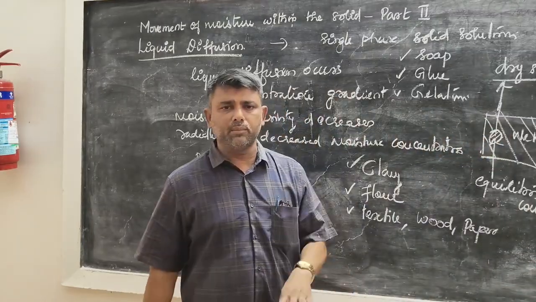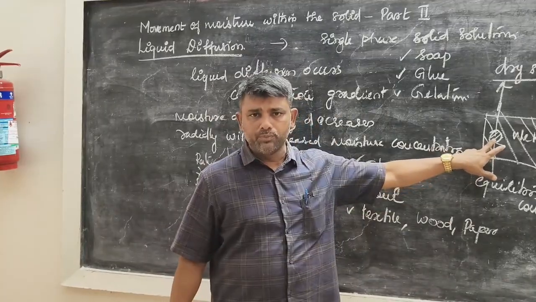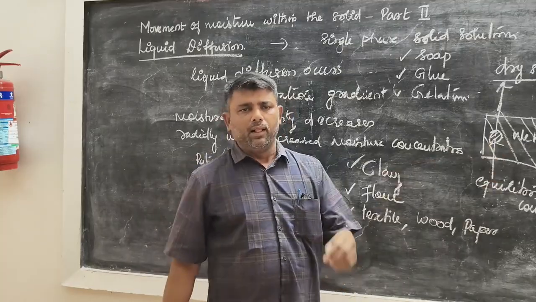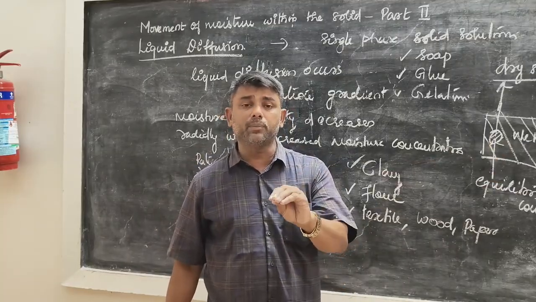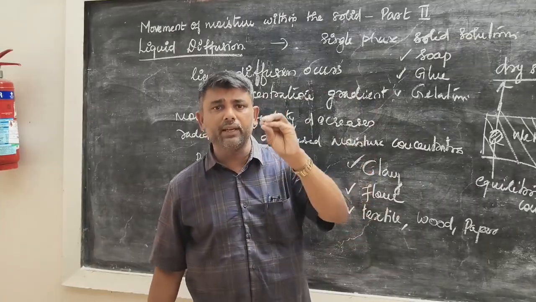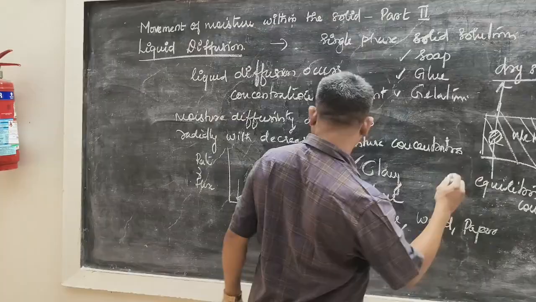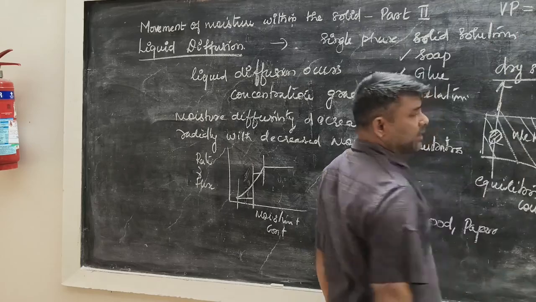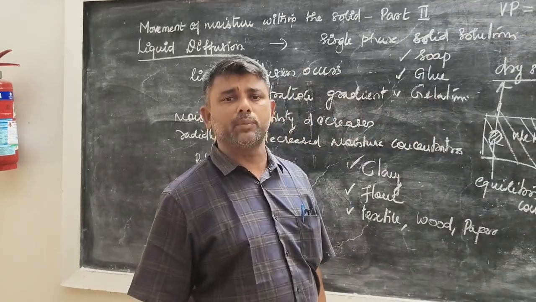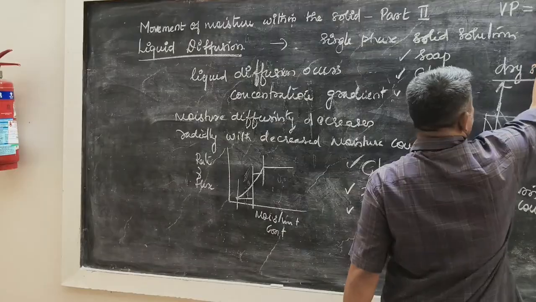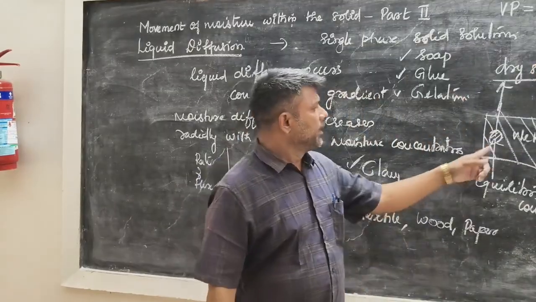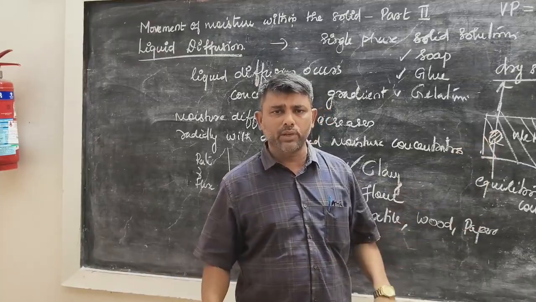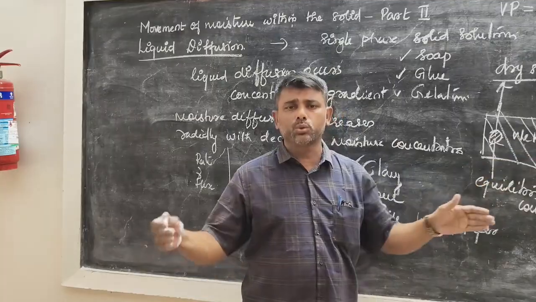Equilibrium moisture content is, in this particular area alone, when the vapor pressure of liquid water or moisture present in the bed solid is exactly equal to the partial pressure of water vapor present in the gas. As drying progresses, this area of dry spots increases. Subsequently, the area of the wetted patches decreases.